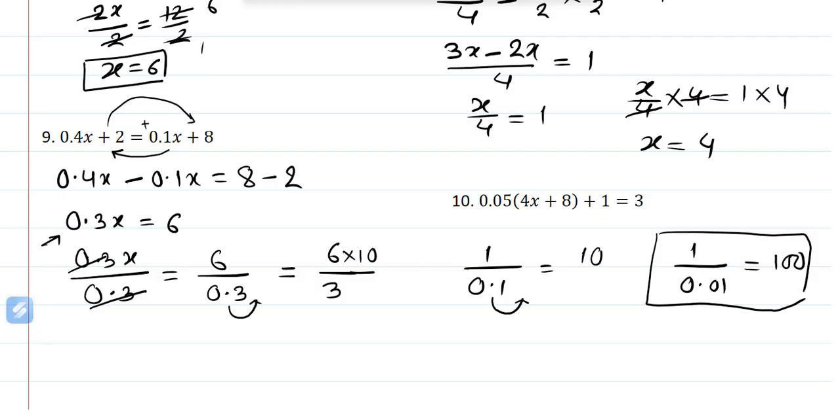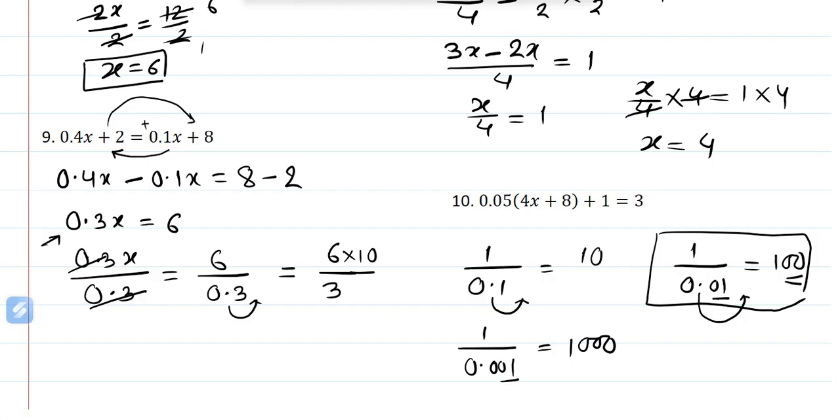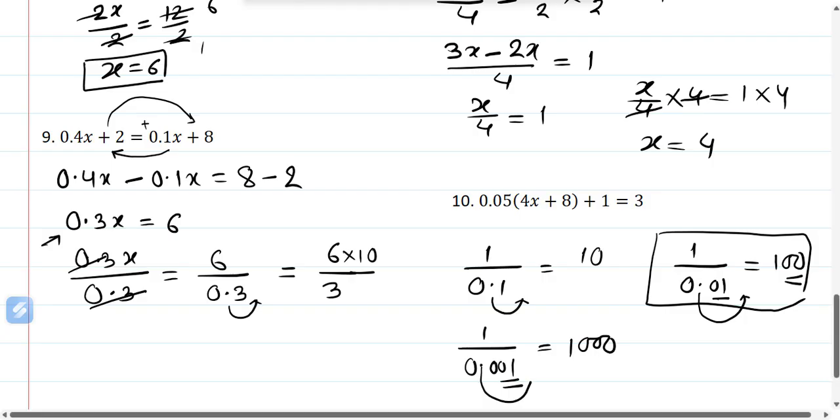Now if we have two numbers in front of the decimal, when you are jumping two numbers, then you multiply by 100. Similarly, if 1 is divided by 0.001, that is equal to 1000, because we have three numbers in front of the decimal. So if you jump three numbers, that simply means you have to multiply the numerator by 1000.